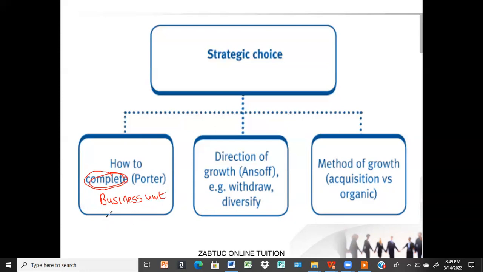So these are your cost leadership, differentiation, and focus.